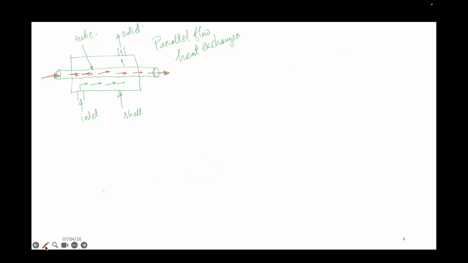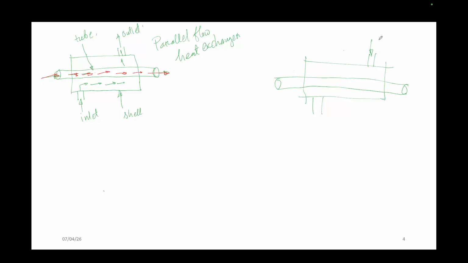So I am drawing the next type of heat exchanger. There is only one pipe, so it is a single pipe heat exchanger. There can be multiple pipes. In some cases it can be like this.